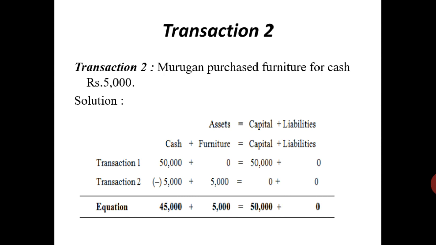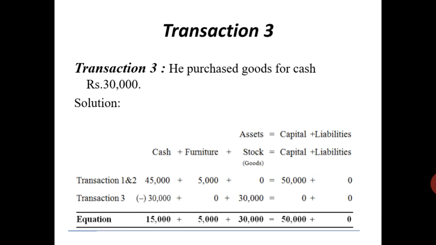Now transaction 3. He purchased goods for cash rupees 30,000. As a result of this transaction, the cash balance is reduced by 30,000 rupees, and another asset, that is stock or goods, has come into existence.